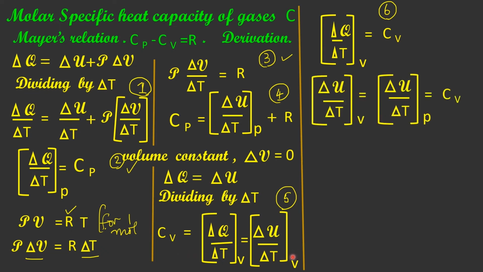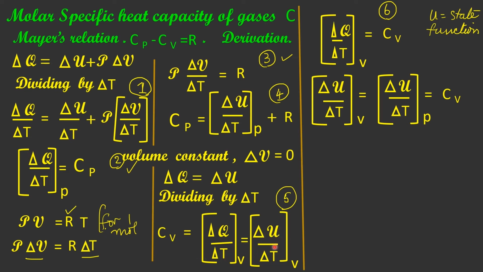Okay. Now, delta U by delta T at constant volume is equal to delta U by delta T at constant pressure, equal to Cv, because U is a state function. So whether heat is supplied at constant pressure or at constant volume, state function U is not affected. So delta U by delta T at constant volume is the same as delta U by delta T at constant pressure.